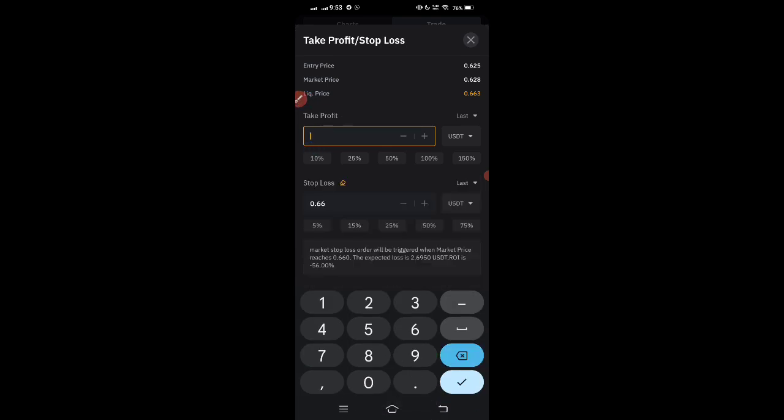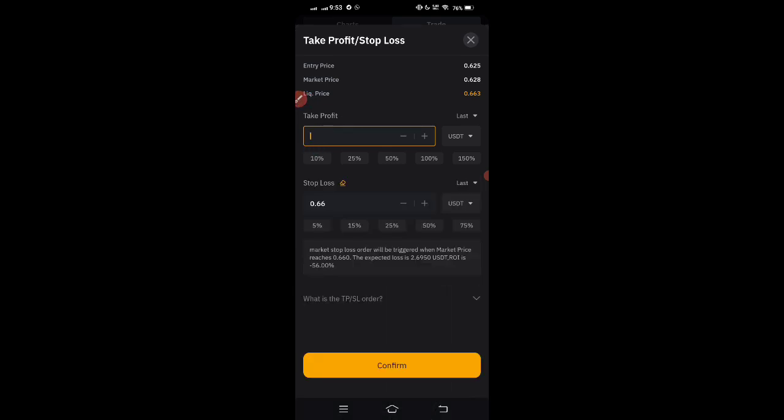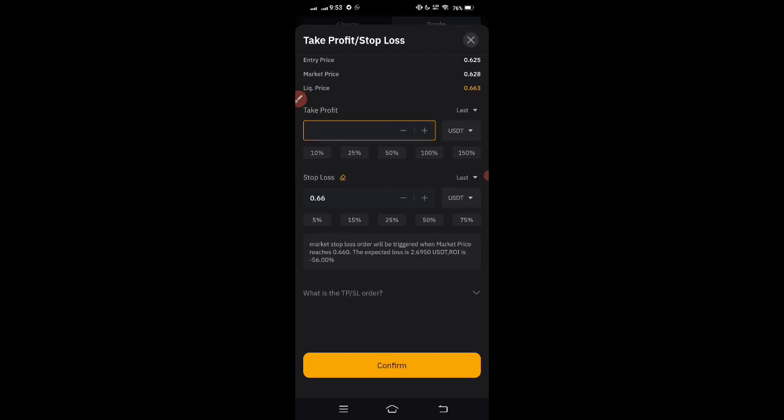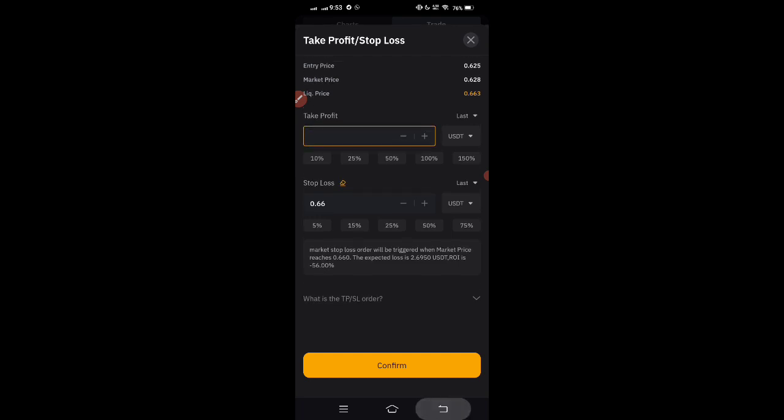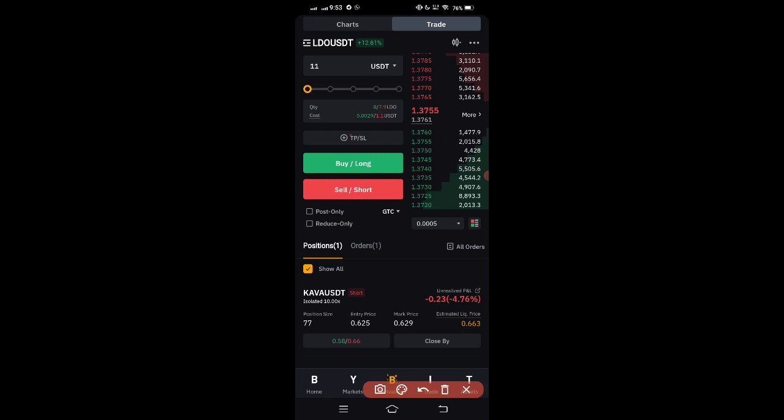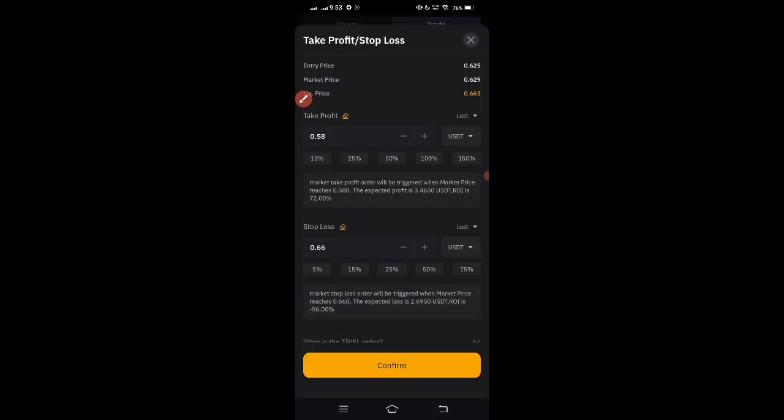Leave it open. When you leave it open, and immediately the market returns down to like 0.56.